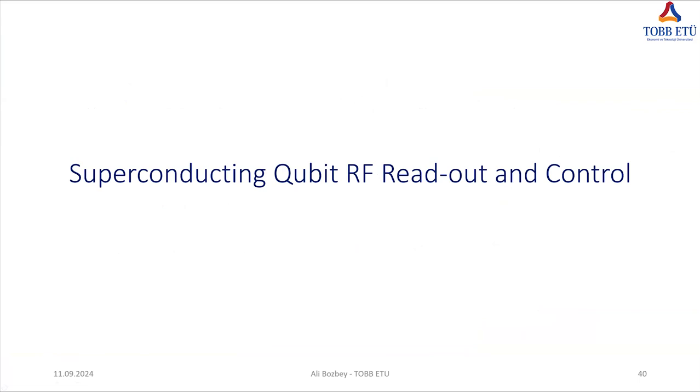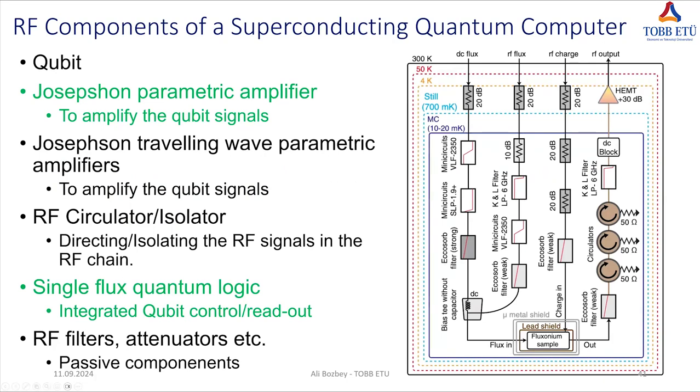So how is it possible to make an integrated qubit readout and control circuit? In a usual quantum computer, there are such RF blocks.